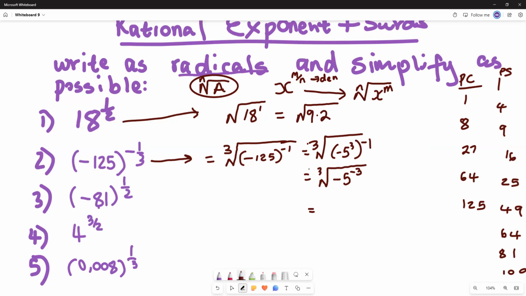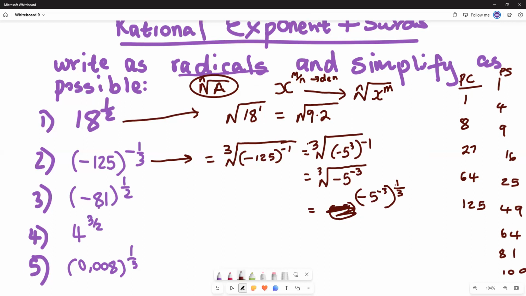Because they said I must simplify as far as possible, I see that I can actually convert this back to exponential. So it's minus 5 to the power negative 3, and then you have 1 over 3, because your root is 3, so it's a cube.